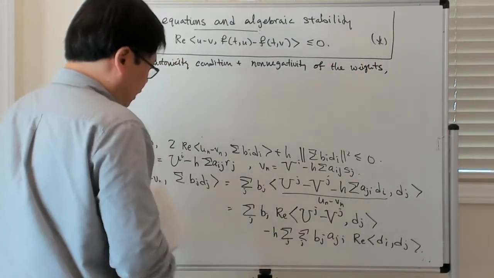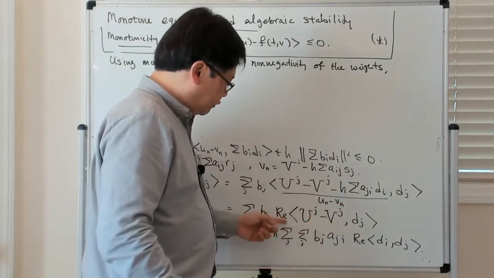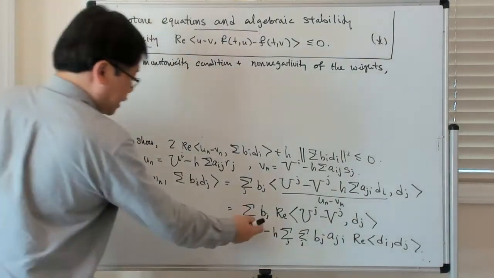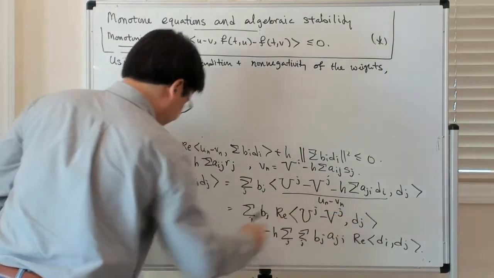You need the non-negativity of the weights, of course, because you're multiplying this term, which you have control over, with this. So you still need to know the sign of the b's to say something about this sum.